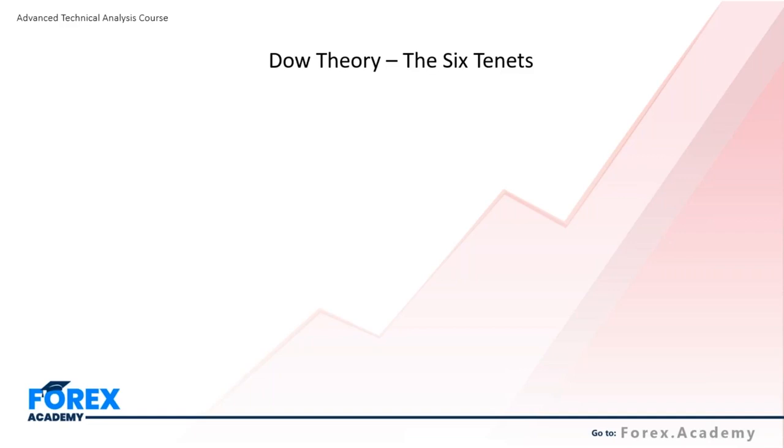What Charles Dow began to realize once he started to collect this data was that there appeared to be some degree of repetitive behavior in how the prices moved, something that we touched on extensively yesterday, the repetitive element of market behavior and why technical analysis is, after all, possible.